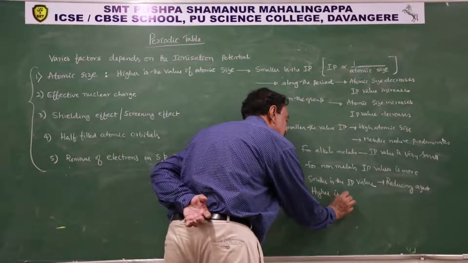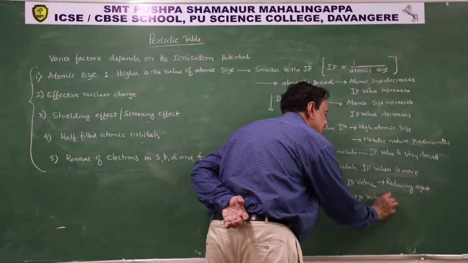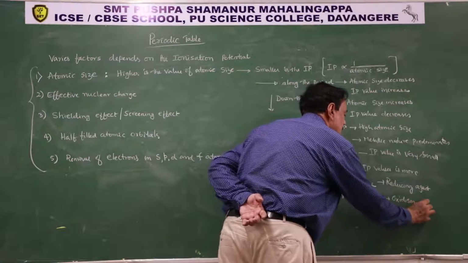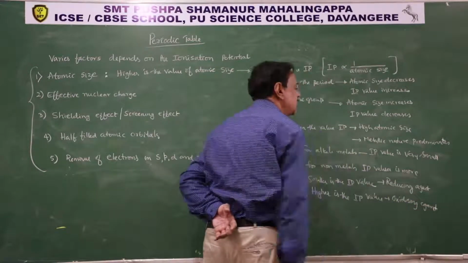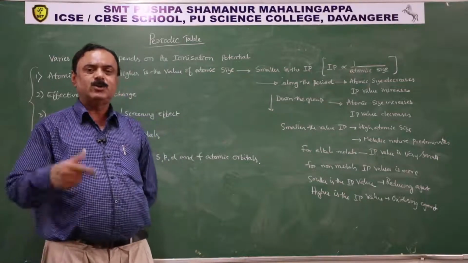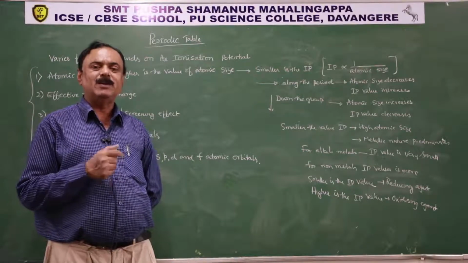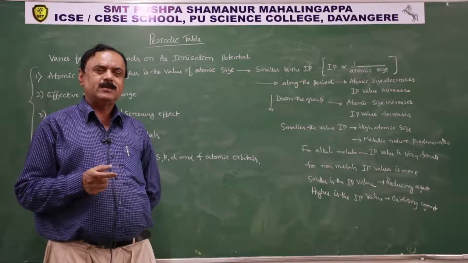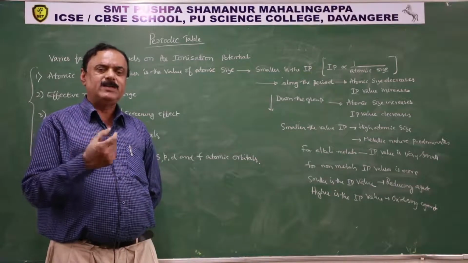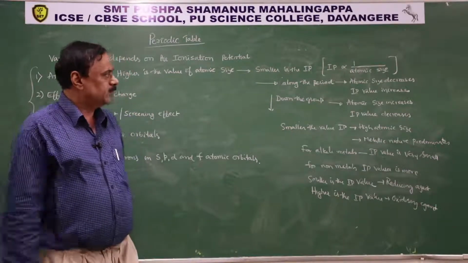Higher is the IP value, oxidizing agent. That is why P block elements with high ionization energy are good oxidizing agents. Alkali metals and alkaline earth metals have a lower ionization potential, so they are good reducing agents. Therefore, we can predict whether the given element is an oxidizing agent or reducing agent based upon the value of the ionization potential.